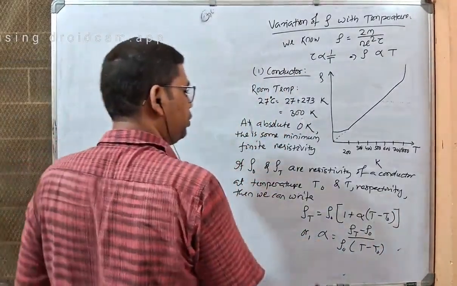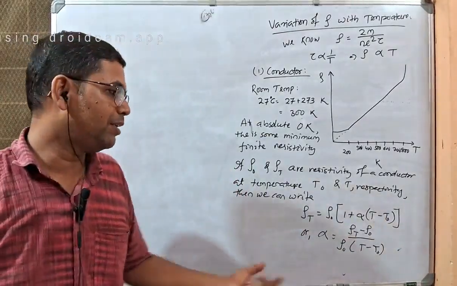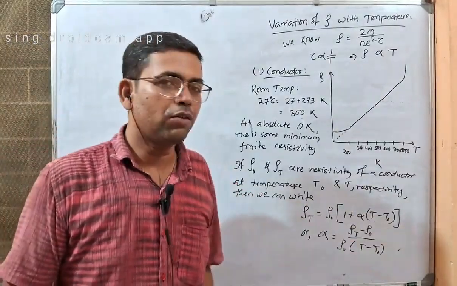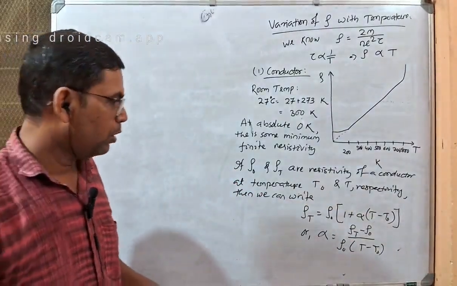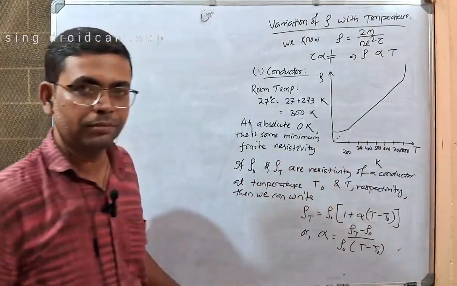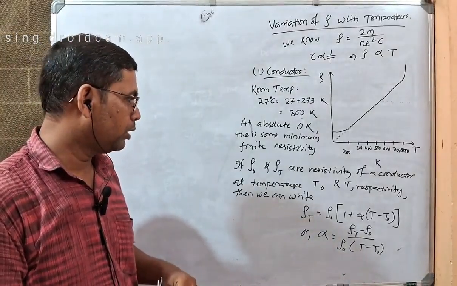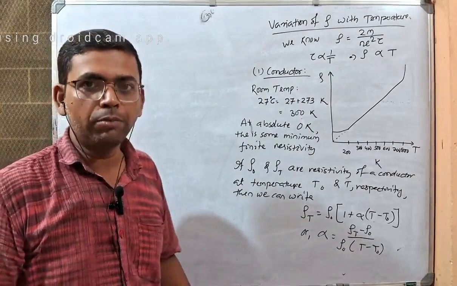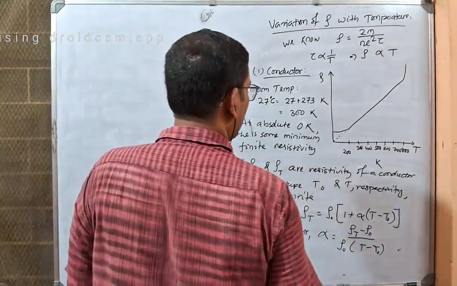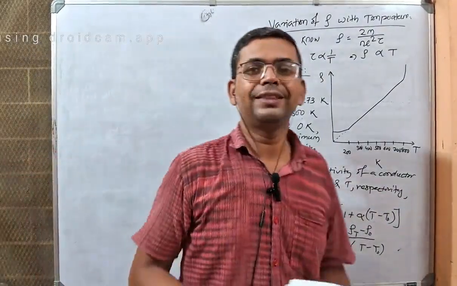This formula is similar to what we use for the coefficient of thermal expansion, coefficient of linear expansion, and coefficient of volume expansion. Rho 0 is the resistivity of the conductor at temperature T0. It could be at room temperature, or we say at 0 degrees centigrade.